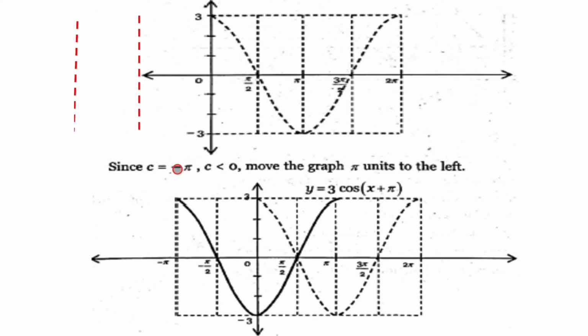Since we have positive pi and c is less than 0, move the graph pi units to the left. So, this is what I am saying, x plus pi. From here, we move to the left by two intervals, because from 0 up to here we have two intervals. So, it should be symmetrical, or you should mirror it on the left.